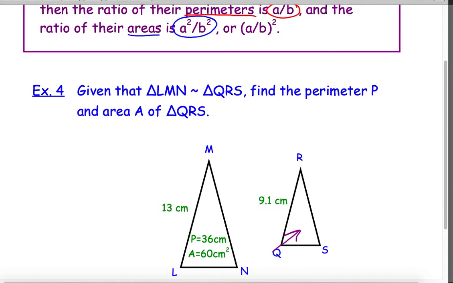Let's start with the perimeter. I know the ratio of the perimeters is the ratio of any 2 matching sides. So that's how I set up my proportion. So I'll say the ratio of the perimeters, so 36, and this perimeter we'll just call P, over P equals 13 over 9.1.